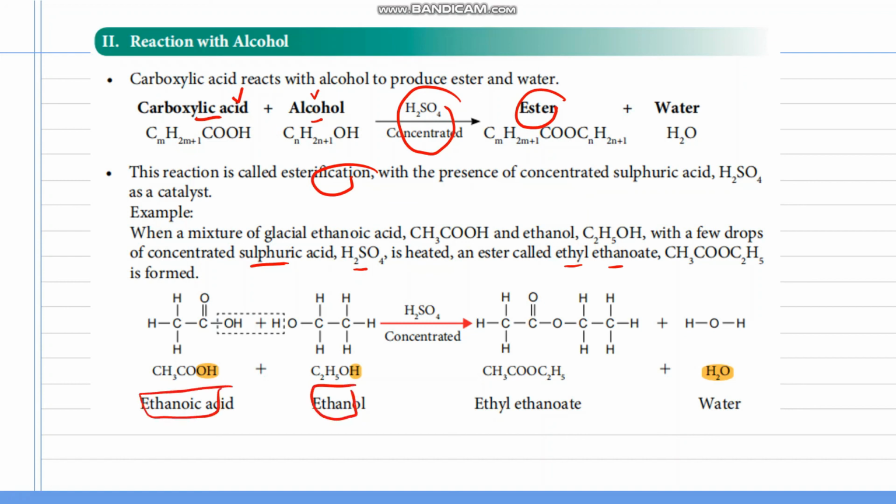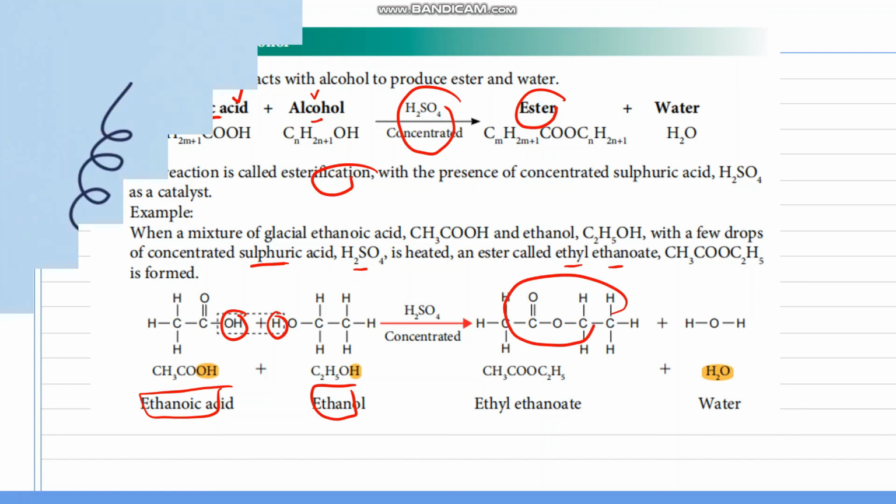For the ethanoic acid, we have one hydroxyl group, and for the ethanol, we have one hydrogen. So this will remove one water molecule, and the product that you will get is the ethyl ethanoate. You will learn the naming of ester in the coming video. So that's all. Thank you.